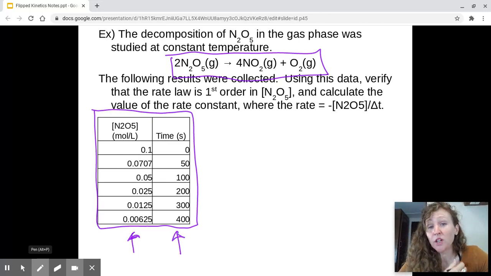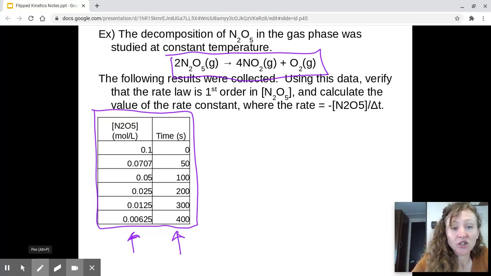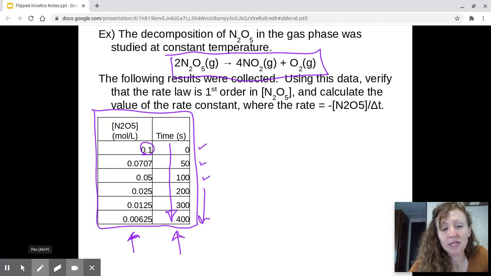So we could not use this data as the method of initial rates because we don't have any data off of the rate, right? We have an initial concentration, and then as the reaction proceeds forward, 0 seconds, 50 seconds, 100 seconds, and so on, we can see the concentration drops and drops.